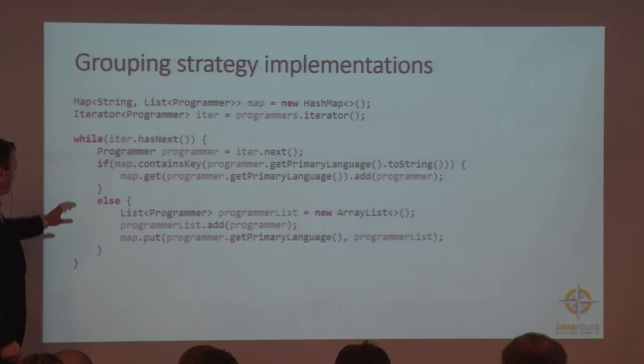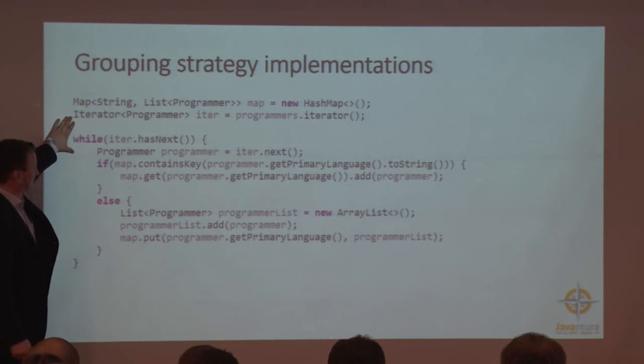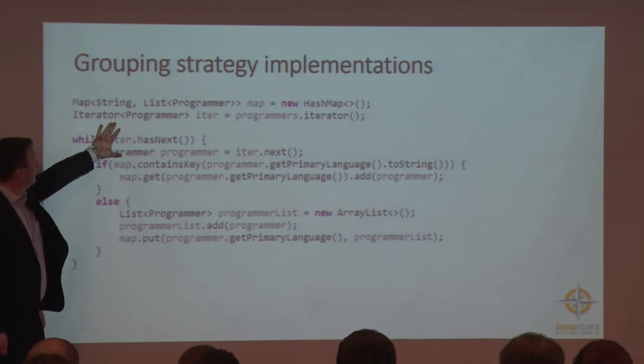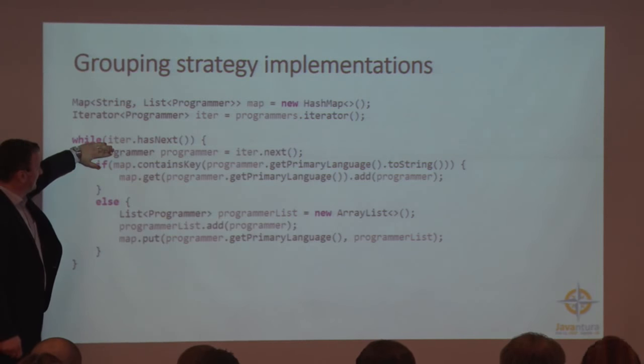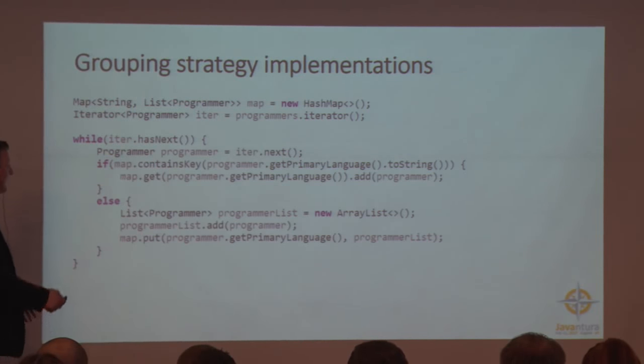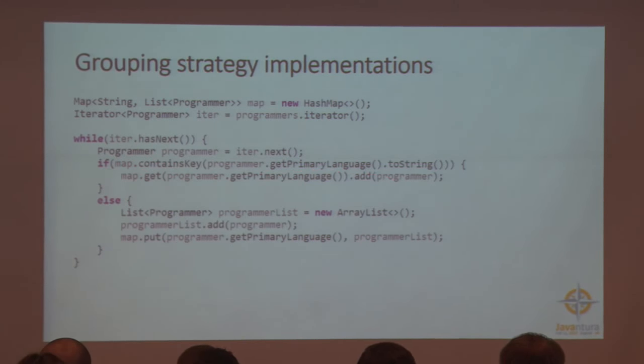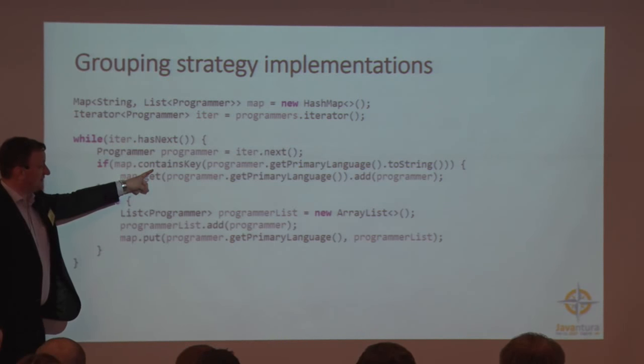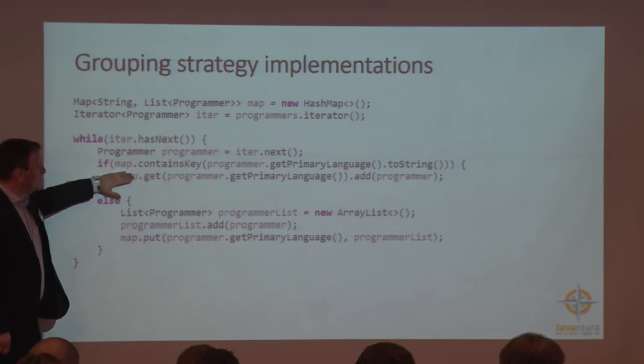Okay, so if you start doing the same thing with the iterator, first of all, we need to create a map, and after that, we get an iterator. We have to use this while loop, and after that, we just need to ask if this particular key is inside the map.